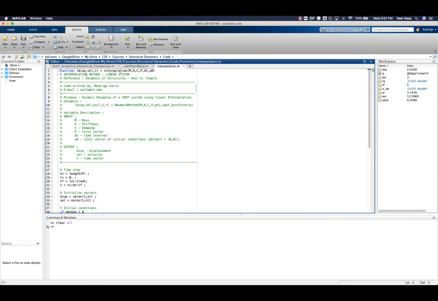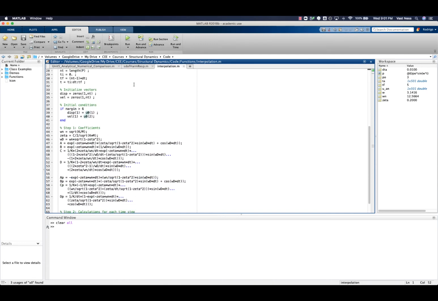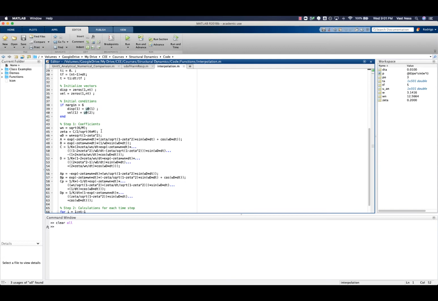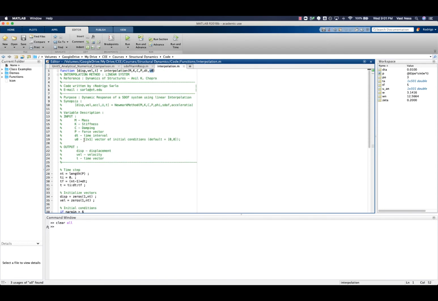Notice that this takes in also the mass, stiffness, and damping for the system, as well as a loading vector, some time interval, and some initial conditions. Again, I encourage you to look at how it's implemented and how that reflects in the algorithm that we presented in the 5.2.